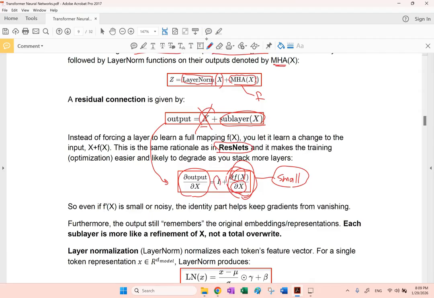So this definitely helps with the vanishing gradient problem and with the optimization. If f prime is small or sometimes noisy, this identity part helps it not be a small gradient and be a little more stable by adding a big number to the noise. So it's really an optimization thing that you are doing.